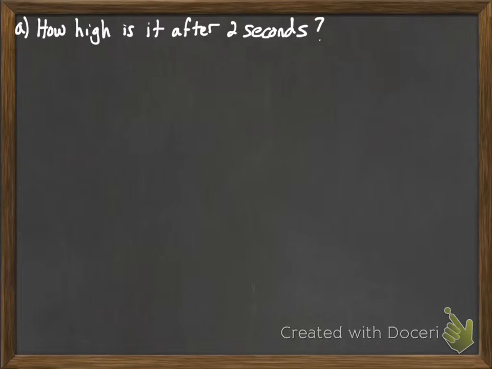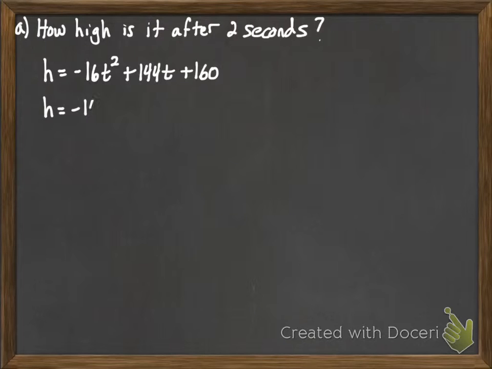Now recall our equation is negative 16t squared plus 144t plus 160. We're being told the time is 2 seconds, so we can go into our equation and plug in 2 for t.